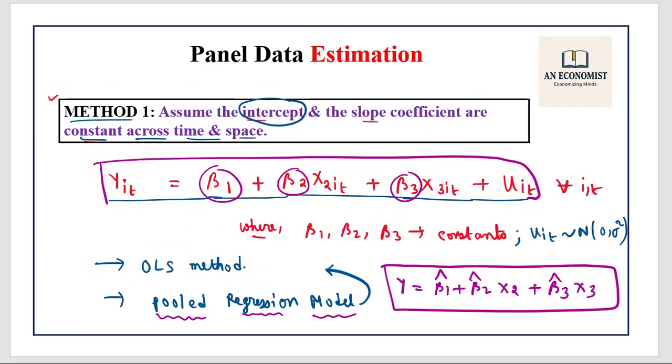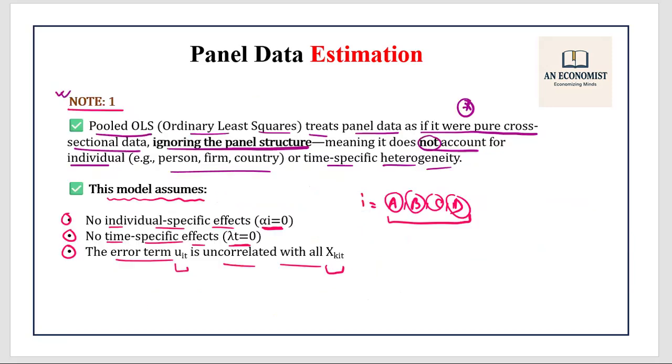You can simply apply the OLS regression because it satisfies all the classical linear regression model assumptions. Even though we have used the panel data, it is unable to capture any essence of it since it is an oversimplified base model. So this can be simply estimated using the ordinary least squares method. That is why it is also known as the pooled OLS regression model. Method 1 is also known as this.